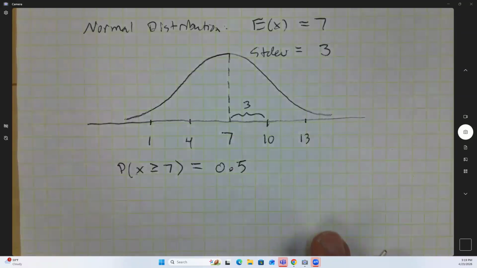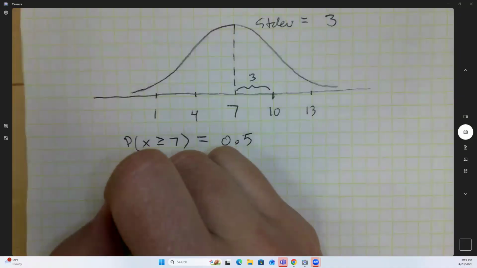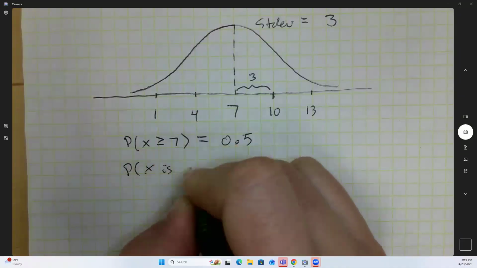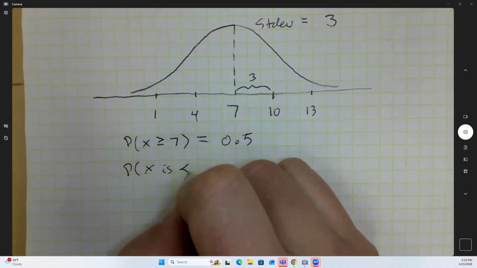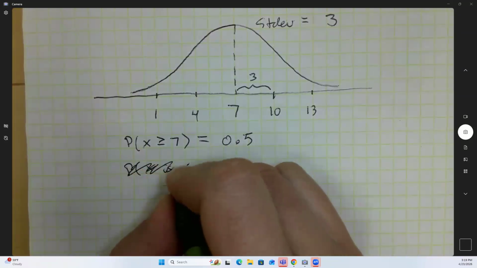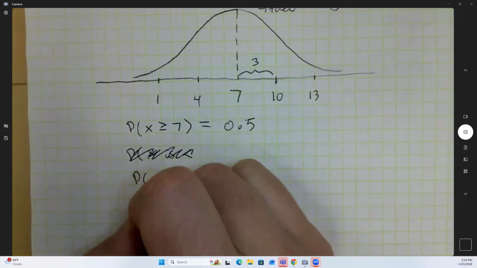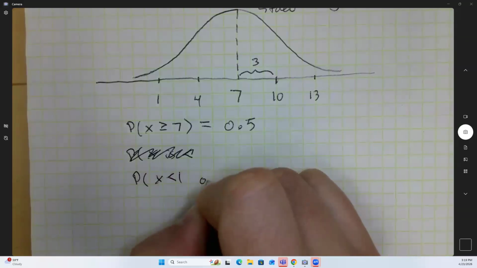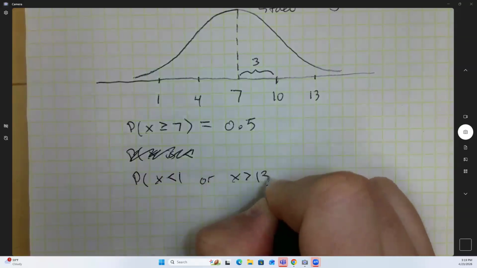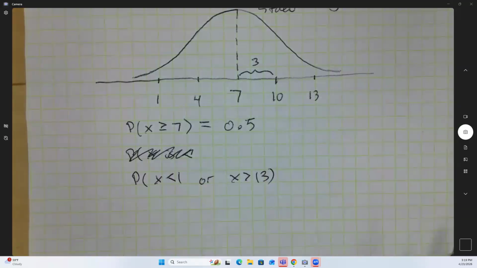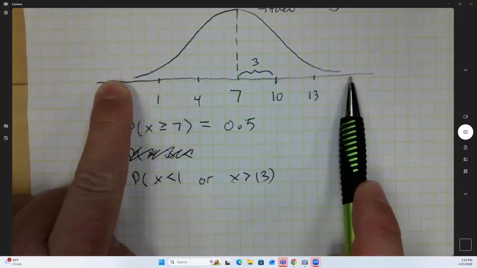How about the probability that x is less than, I wrote that weird. Let me do it again. The probability that x is less than 1 or x is greater than 13. So that's the tails.